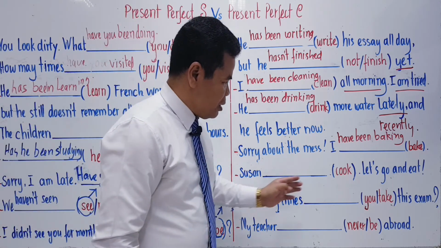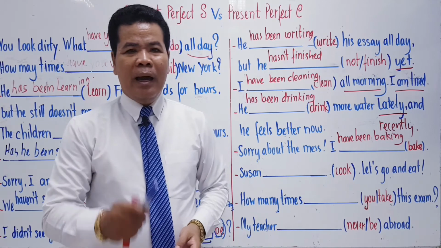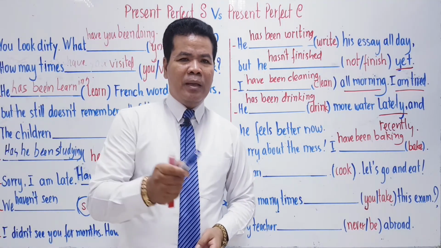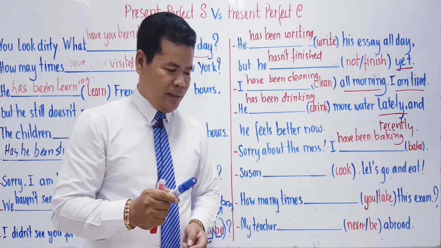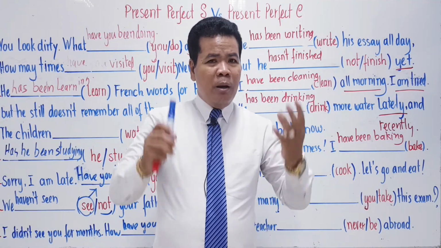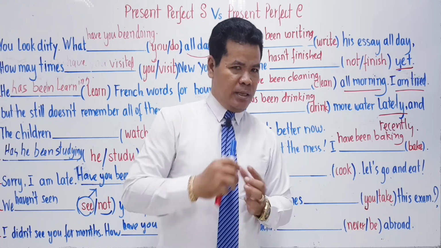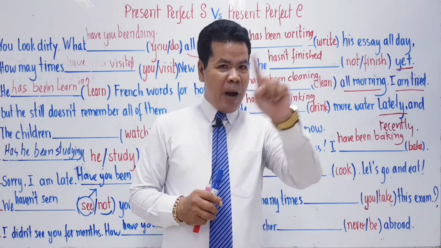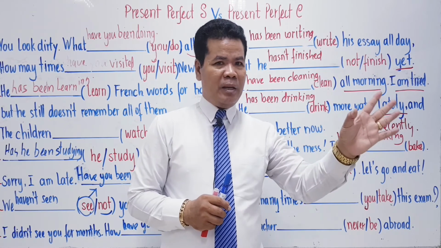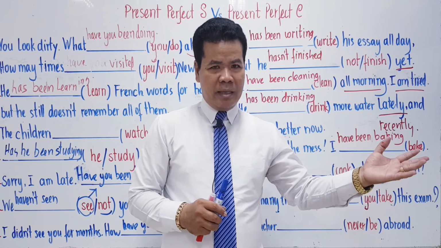Susan cooked, let's go and eat. Action happened in the past, finished in the past, as the result in the present. Finished in the past, maybe a long time ago or maybe 30 minutes, maybe 40 minutes, that's it, right?